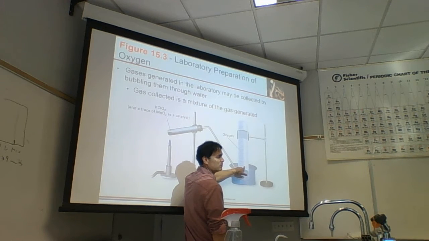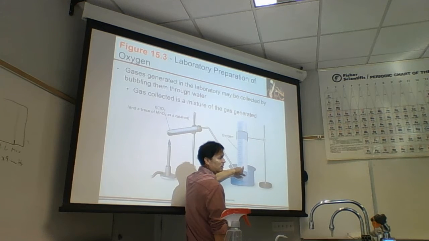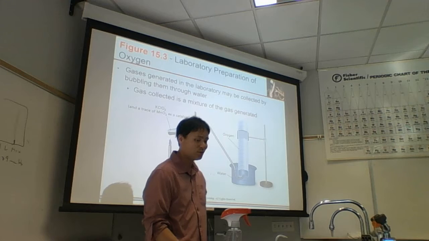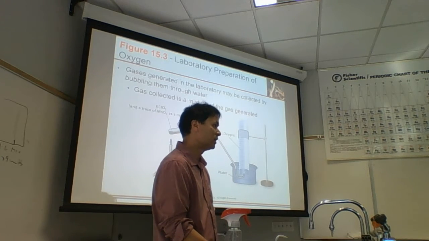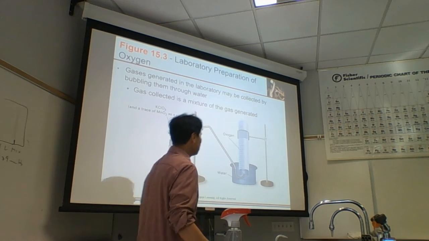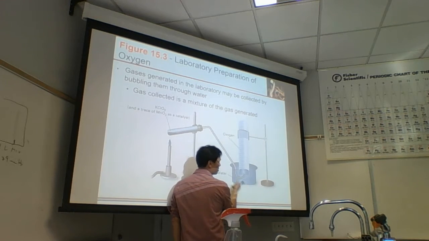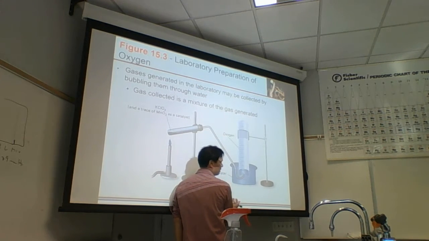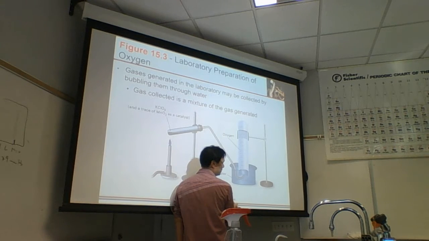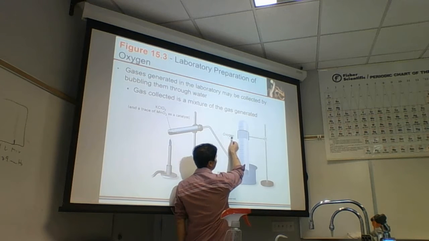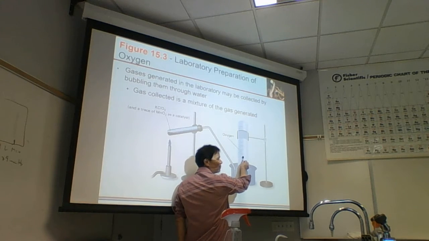The air in here is going to be very humid. Like the air inside an indoor swimming pool is very humid. And that is, if you're bubbling oxygen in the water, the oxygen is going to be saturated with water vapor, humidity. And so the oxygen is contaminated with water vapor.